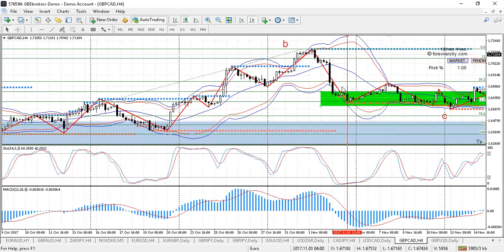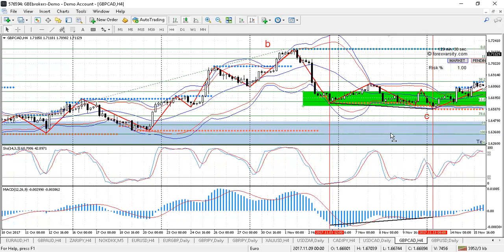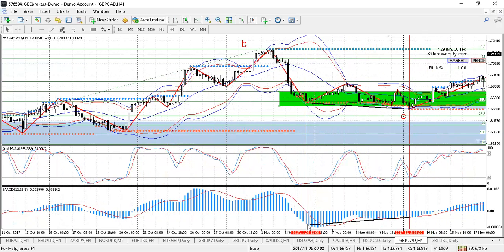What's interesting is if you draw a vertical line at that point, and then another one at that point, you've got on the price action a low which is slightly lower than the previous one, but on the MACD you've got an upward slope. When this happens, we call this divergence, and it's a sign that the price is going to turn the other way. It doesn't always work, but it works a lot. So train yourself to look out for these divergence points.